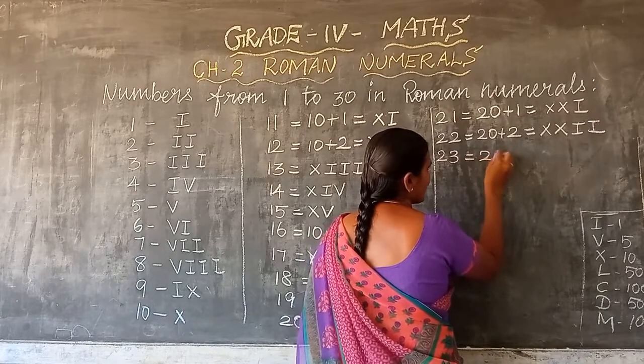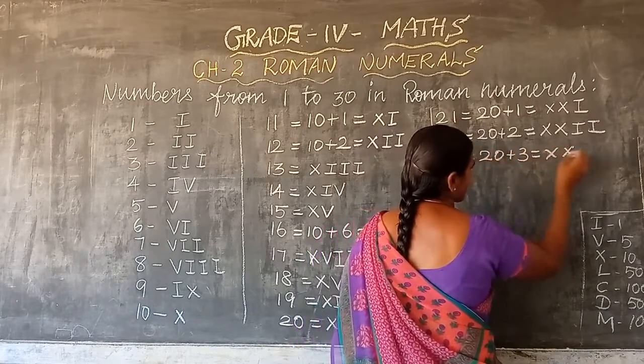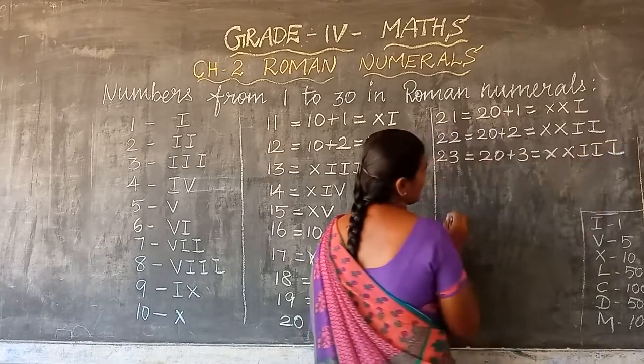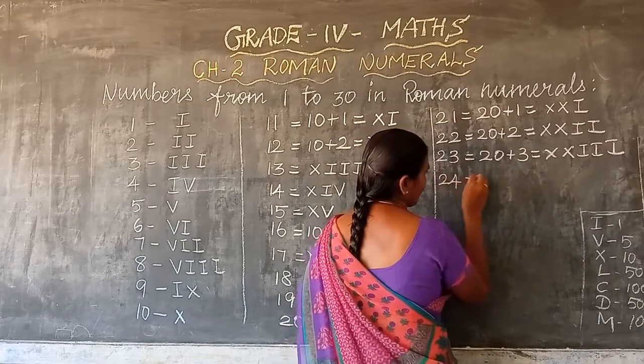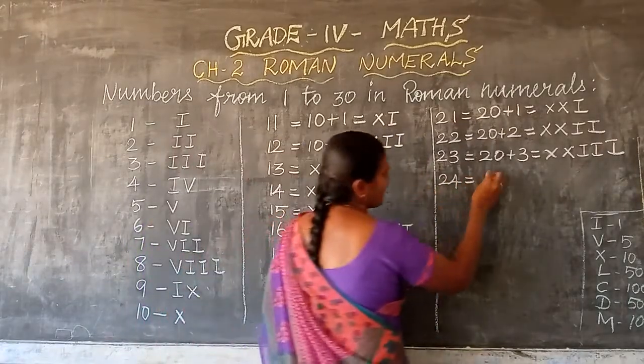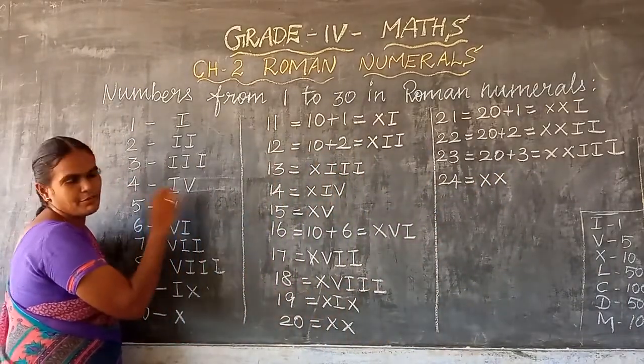23. Expanded form 20 plus 3. 20 means XX, 3 is III. So XXIII. Next 24. 24 means 20 plus 4. 20 is XX, 4 is IV.